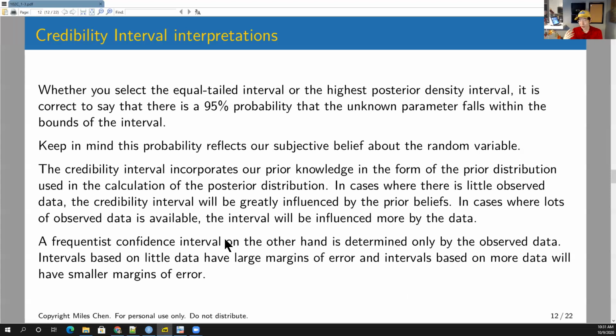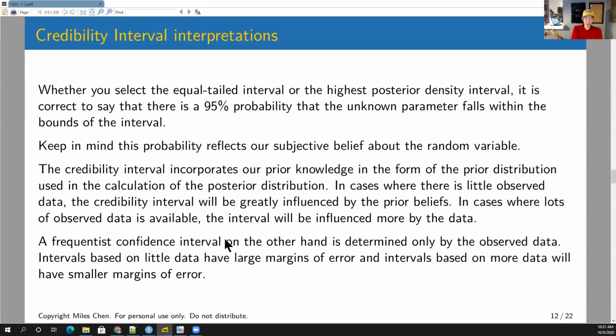So whatever prior information we have ultimately determines our credibility interval. I've tried to illustrate this in your homework problems, because I have you create confidence intervals and credibility intervals. In cases where you have little observed data, your credibility interval is going to be heavily influenced by your prior beliefs, right?